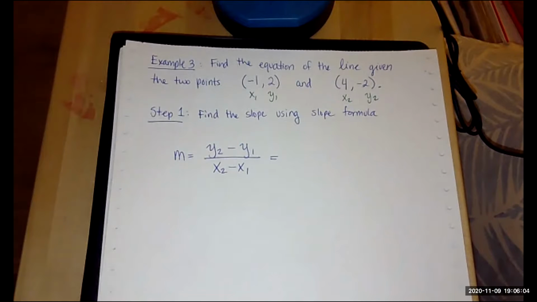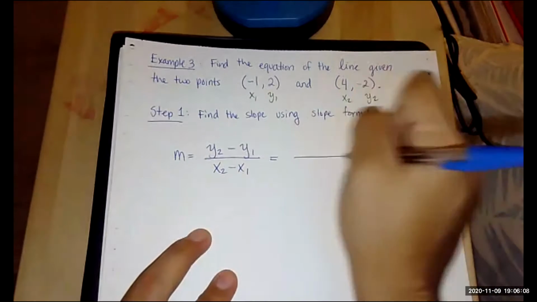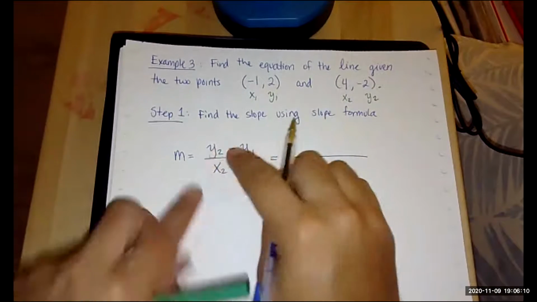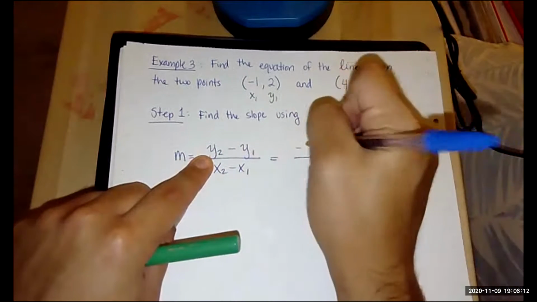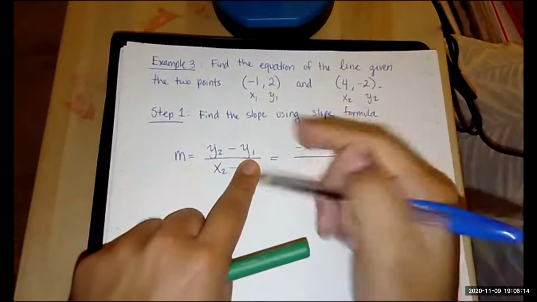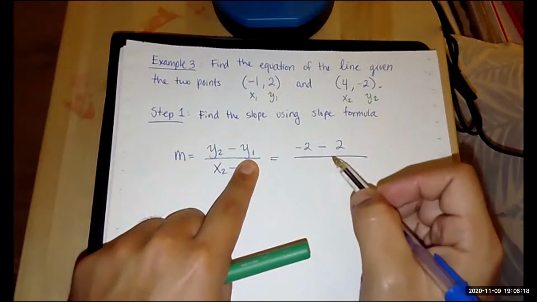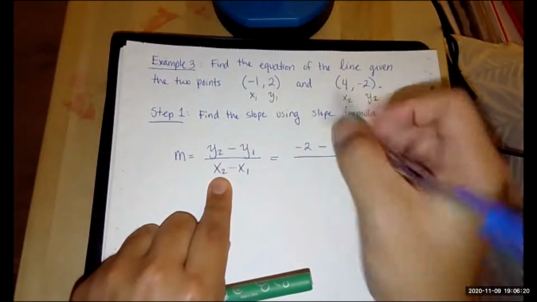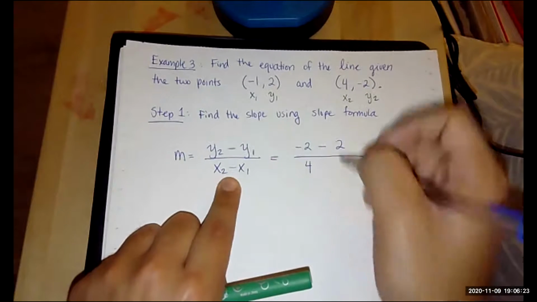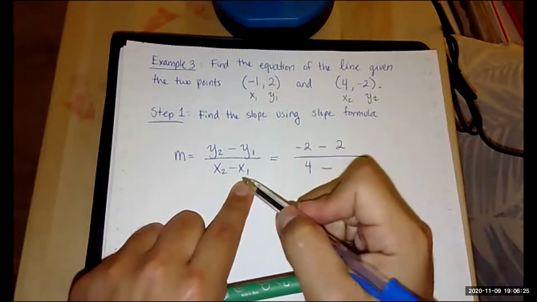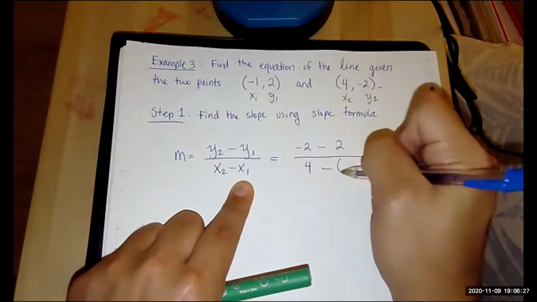Now we can go ahead and plug those numbers into this equation and say that, okay, y2 goes here, so we have -2 minus y1, which is 2, over x2, which is 4, minus x1, and x1 is -1.